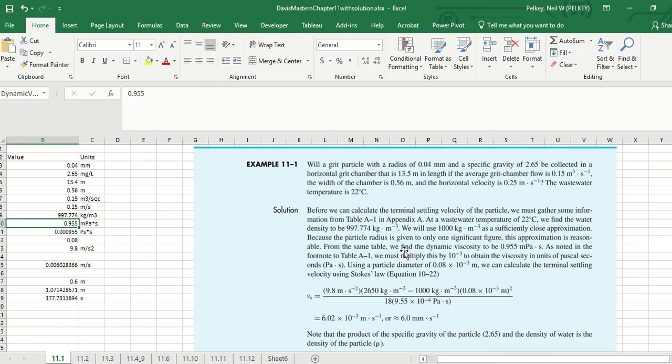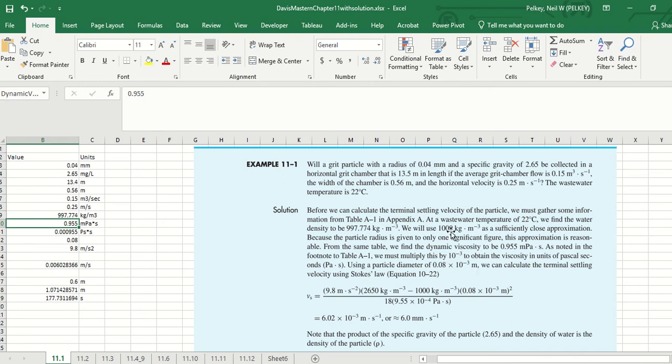So we again look to a table to find the dynamic viscosity at 0.95 millipascal seconds, and then we multiply this by 10 to the minus third to get Pascal seconds, and particle diameter of 0.08 times 10 to the minus third to give us our terminal settling velocity. And you're saying, how did it get that 0.08 times 10 to the minus third?